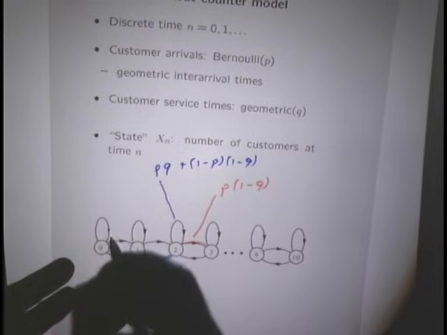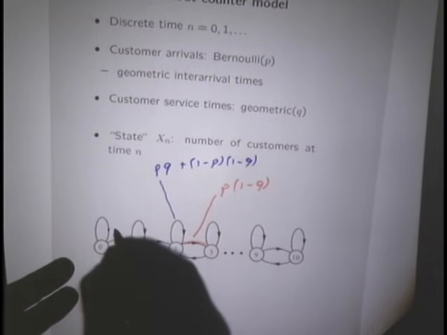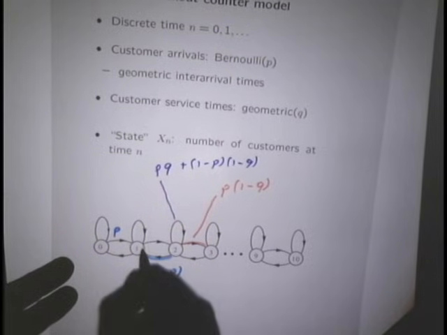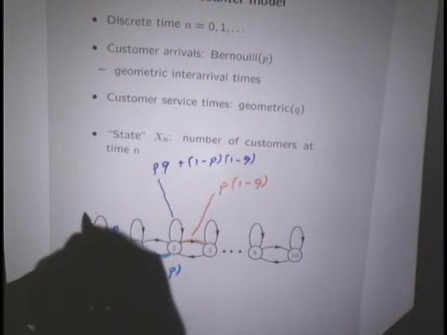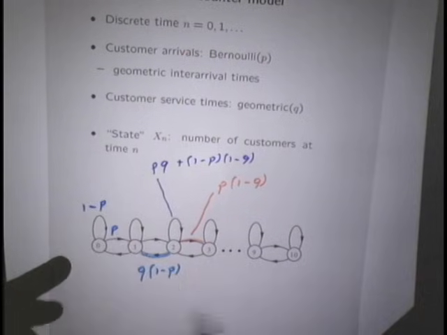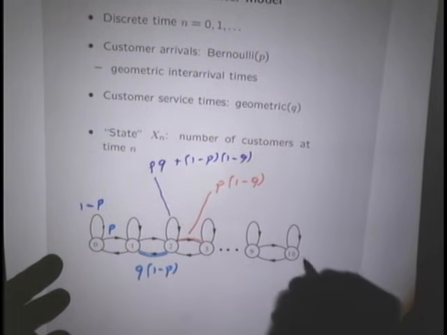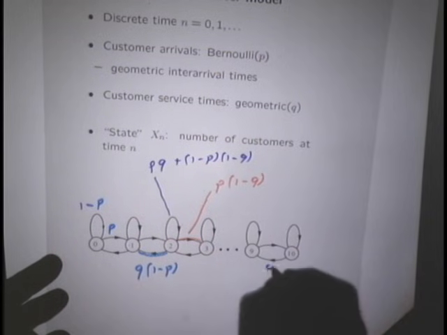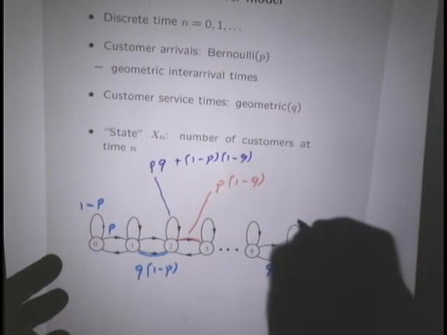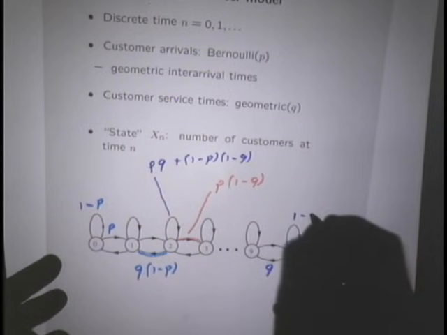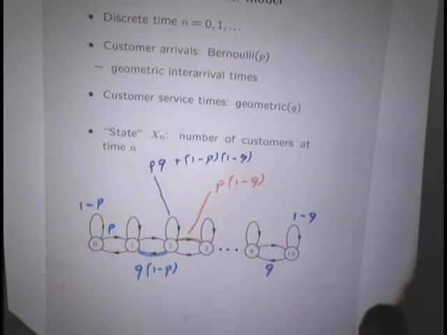But there is a probability P that a customer arrives, in which case the number of customers in the system goes to 1, and probability 1 minus P that nothing happens. Similarly with departures, if the system is full, there's no room for another arrival, but we may have a departure that happens with probability Q, and nothing happens with probability 1 minus Q.